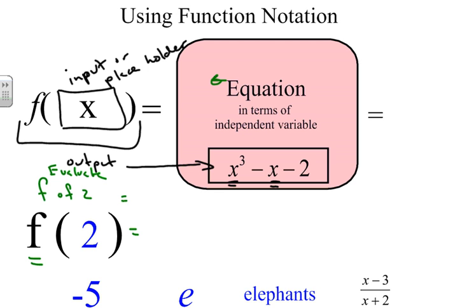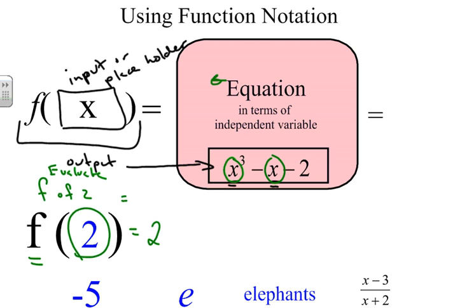Well, if we're asked to evaluate f of 2, we look and say, okay, what is f? F is my equation, what will help me get my outputs, an input and output machine. So we're going to plug in 2 into each one of these placeholders, because that's what x is. X is 2.